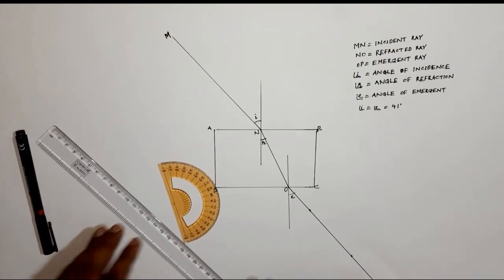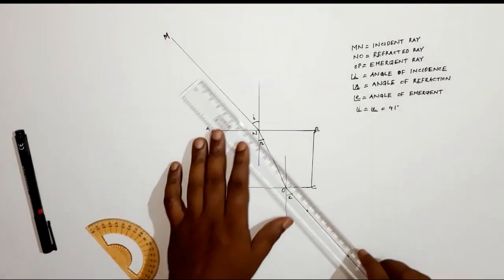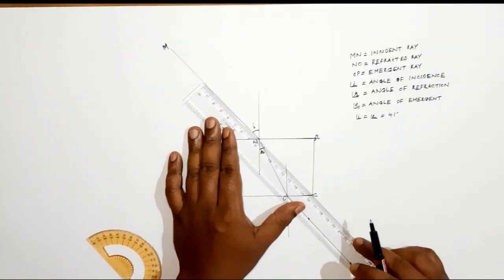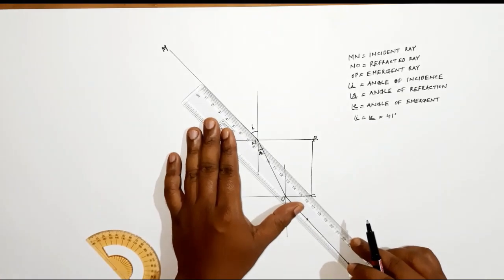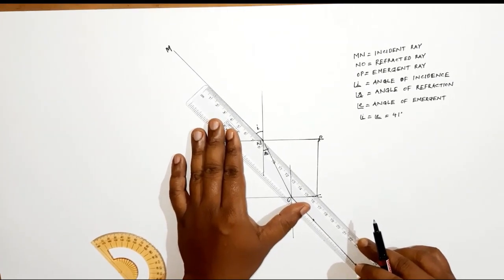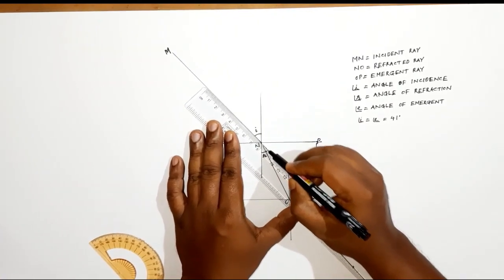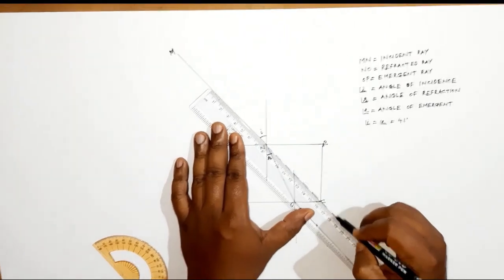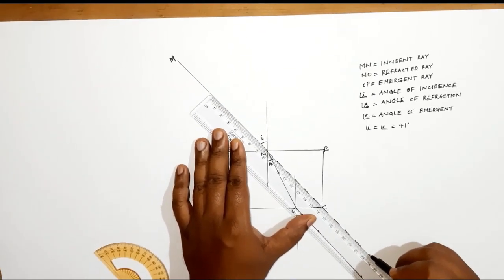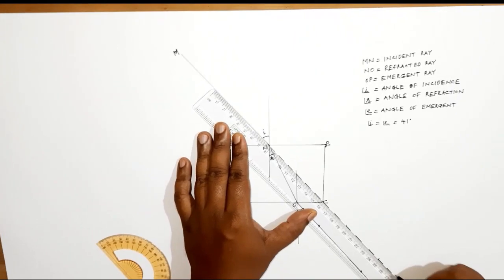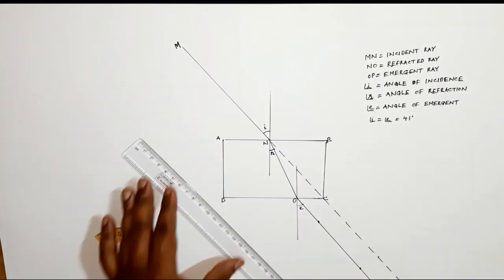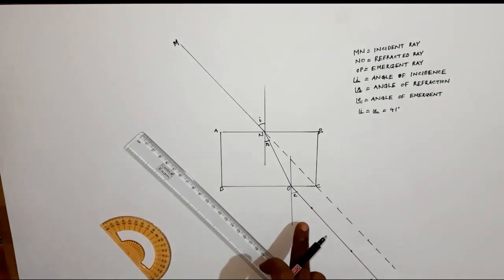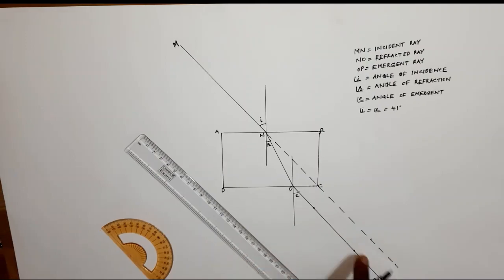Another thing here: if I extend this incident ray, observe whether this incident ray is parallel to the emergent ray or not.